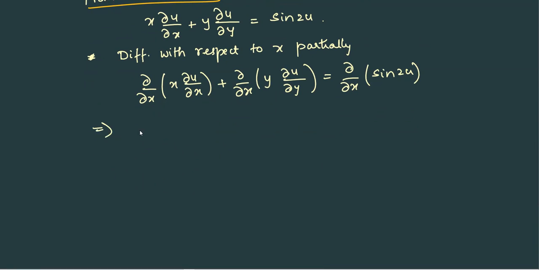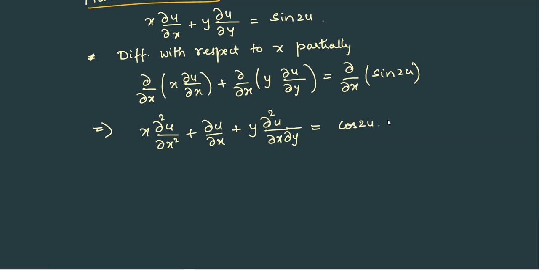So what we get here is x ∂²u/∂x² plus ∂u/∂x times 1, plus, this y remains constant, y ∂²u/∂x∂y, is equal to cos 2u times 2 ∂u/∂x.